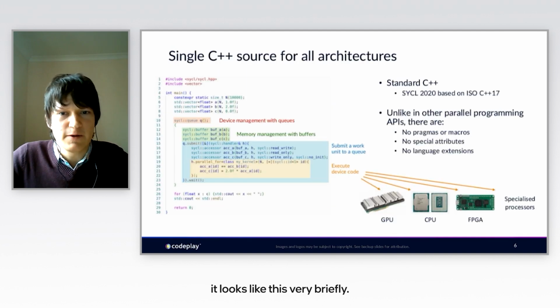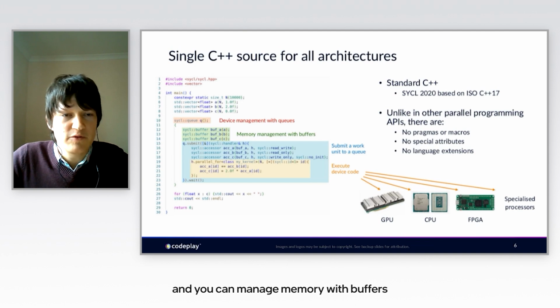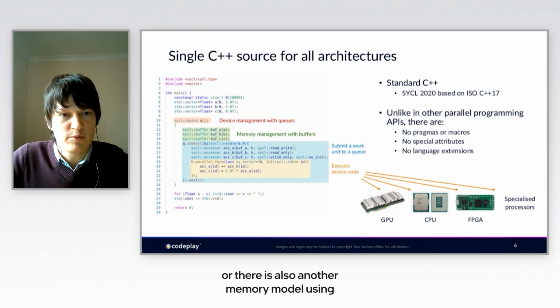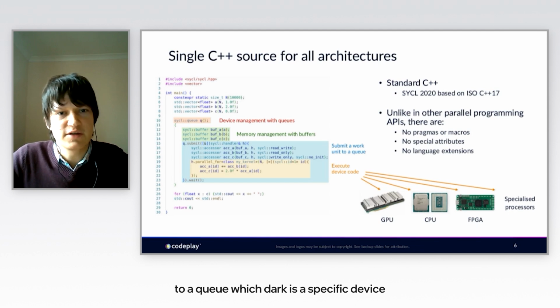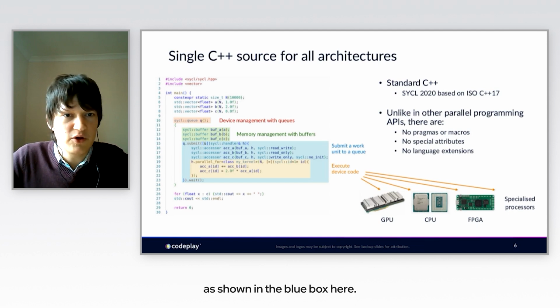It looks like this, very briefly. You can manage devices with queues. You can manage memory with buffers, or there is also another memory model using pointers called the USM memory model. Then you can submit work to a queue which targets a specific device, as shown in the blue box here.